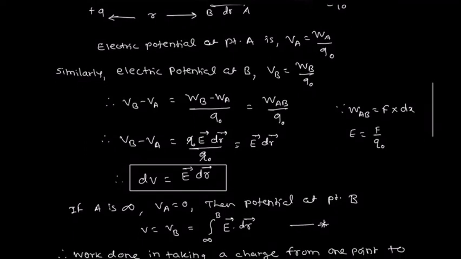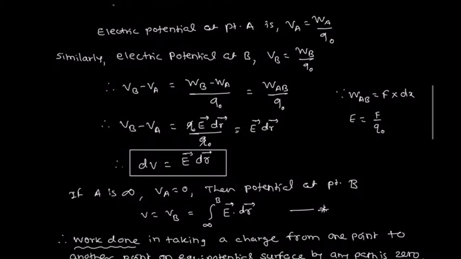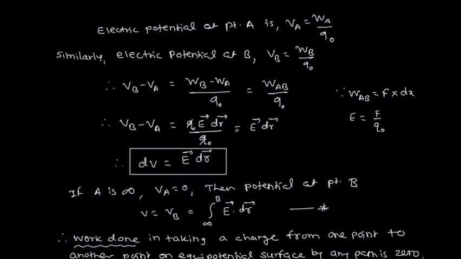Also, we remember here, if work is done when the charge is moving from one point to another point on an equipotential surface. Equipotential surface means at each and every point on that surface, the electric potential must be the same.